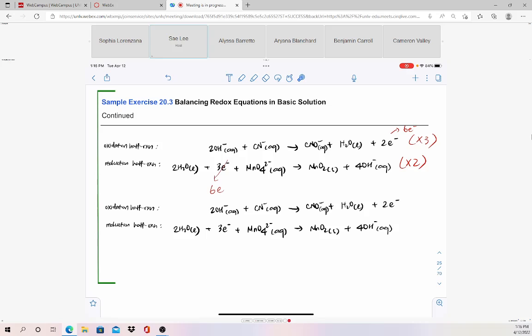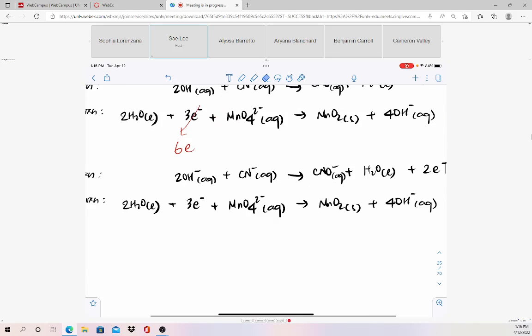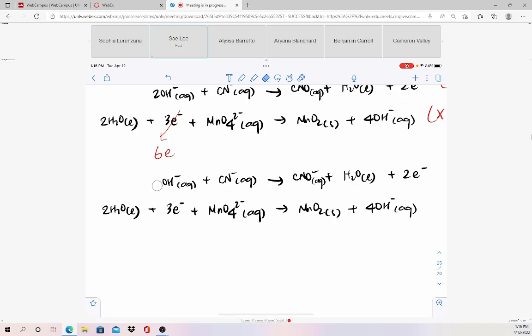Okay. So everyone got the 6 electron part, right? So multiply by 3, multiply by 2. Did everyone get this part? Yes. Okay. All right. So I'm just going to change the coefficients.